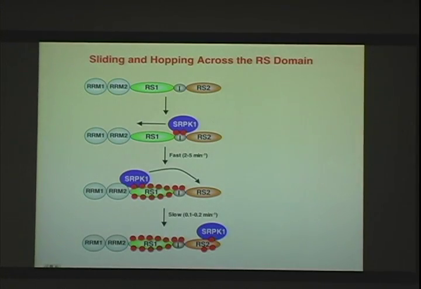So how do we explain what's happening here? Well, we kind of think this kinase is rather gymnastic in what it can do. One of the reasons I'm happy working on this class of kinase and their substrate is that they're so interesting. What we found is that the kinase, for some reason, wants to start in the middle of the RS domain, and that's not too well understood.